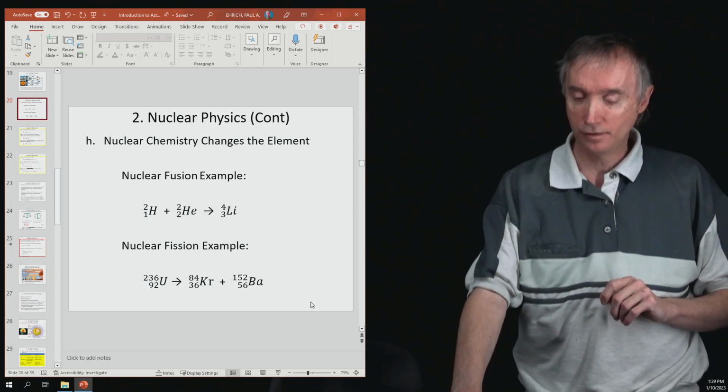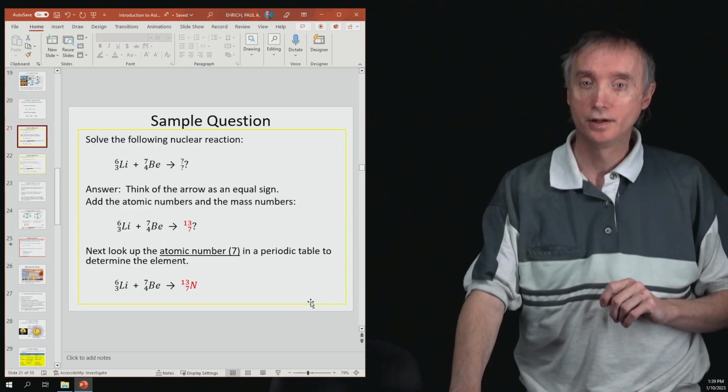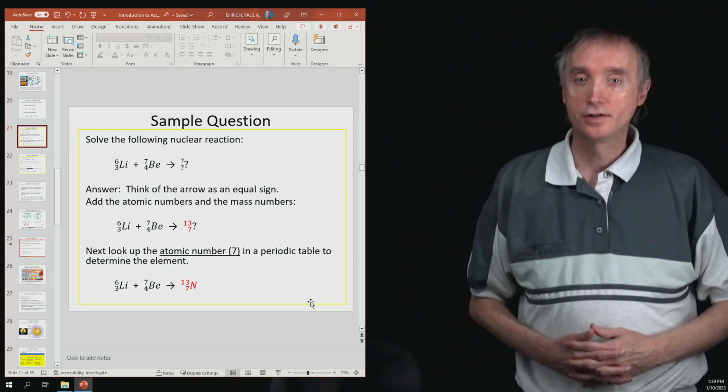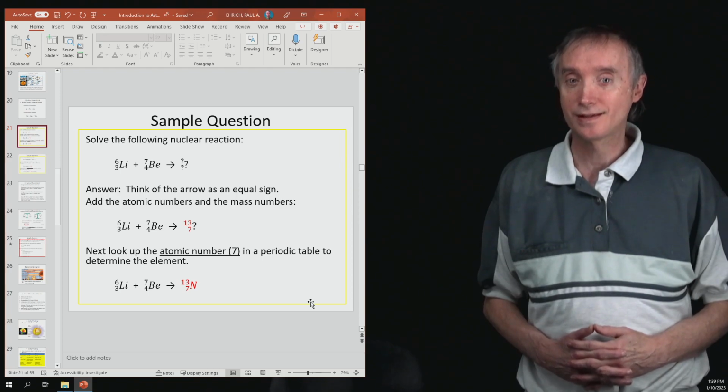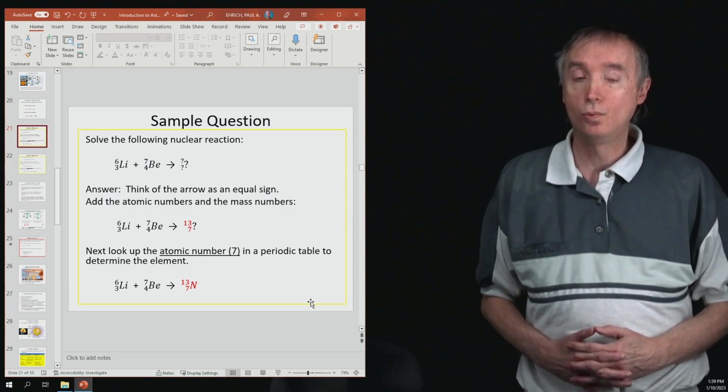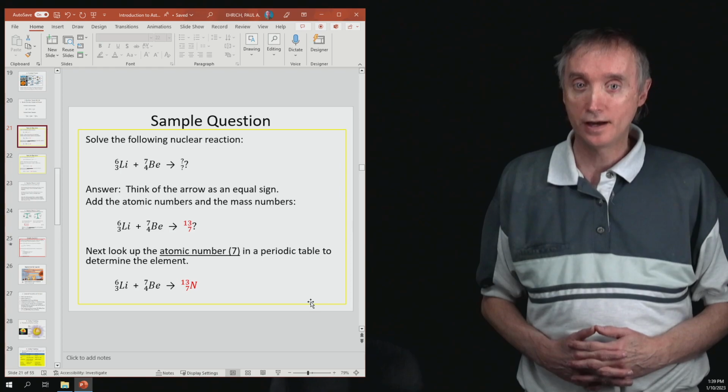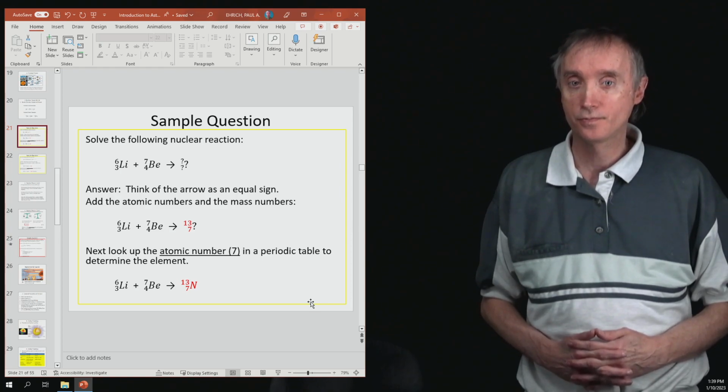If I was going to give this to you on an exam, it would look like this. We're going to take lithium-6 and we're going to smash it into beryllium-7, and we want to know, what does it turn into? So you have to fill in the question marks.